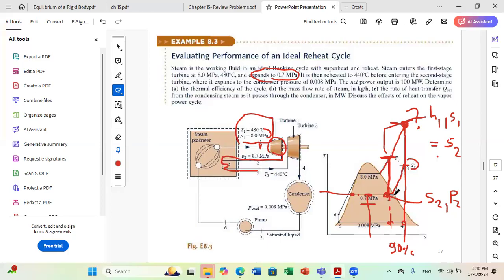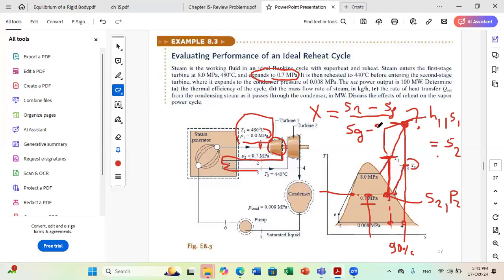And since S2 is between SF and SG at 0.7 megapascal, we are within the dome. Okay, and therefore we can get the quality. We can calculate X, the quality at this point, as S2 minus SF, of course at the intermediate pressure, over SG minus SF.